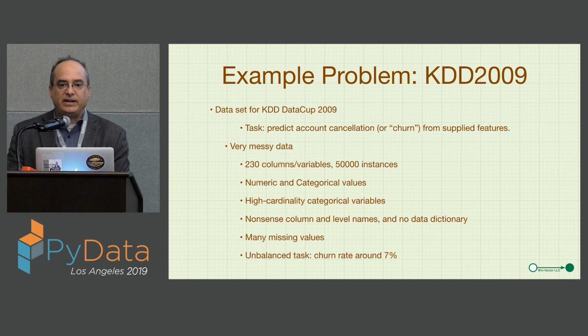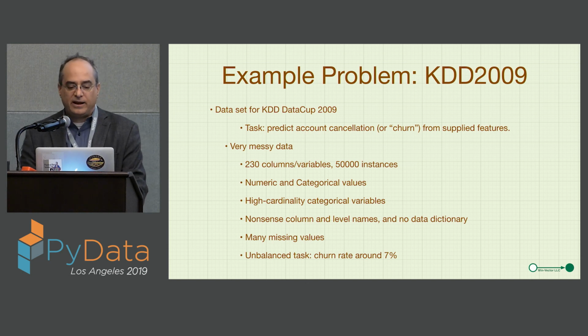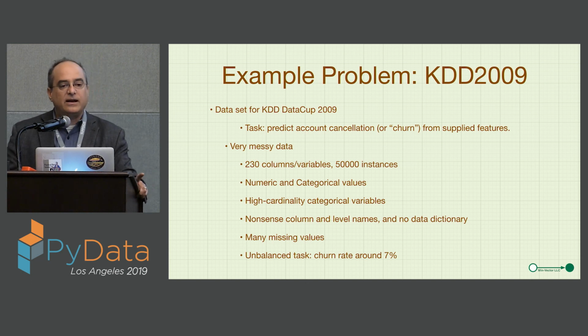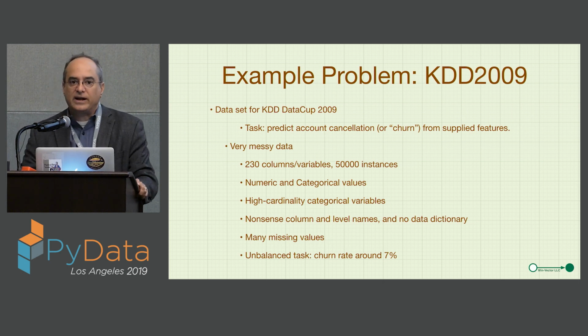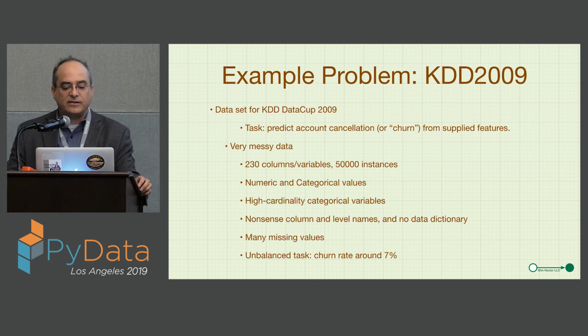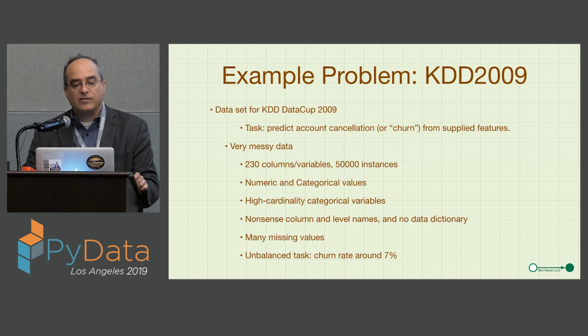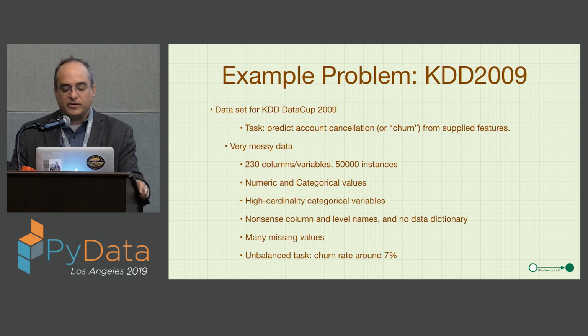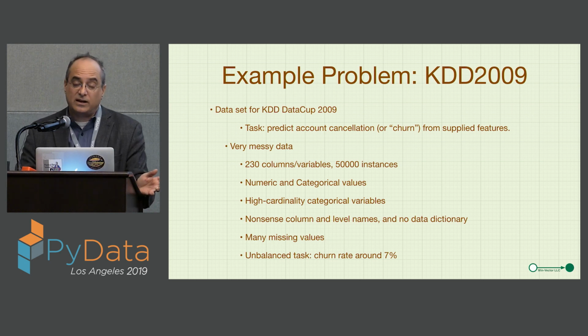As our example data set, we're just going to pick something nobody cares about. It's the KDD Cup 2009 data set, and the task was to predict churn, or account cancellation, in a credit card account. And the data was truly horrific. Just a data summary: it was 230 columns with no data dictionary, so they never said what any of the columns were. They all had cryptographic names. There were lots of variables, 50,000 instances, which is not a lot in our day and age.